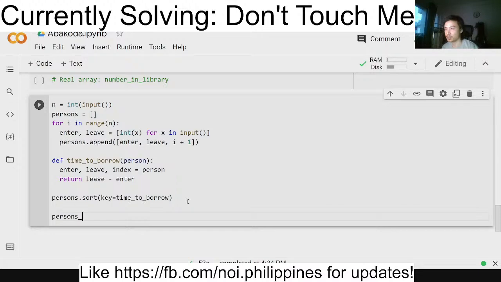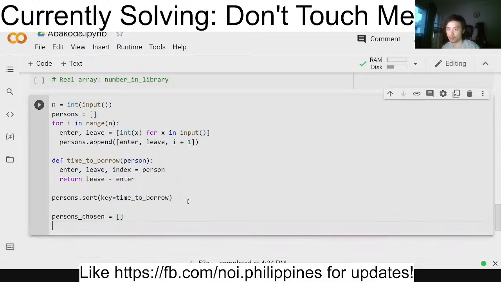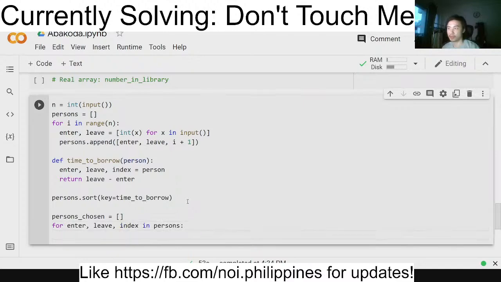Persons chosen. Initially, there's no one. And then we can go through all the people. Right? And then we can choose this person only if there's no one that it overlaps with.